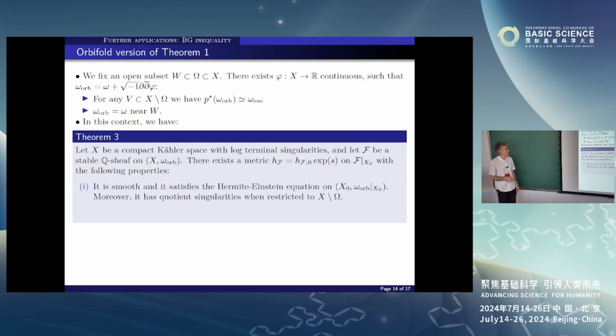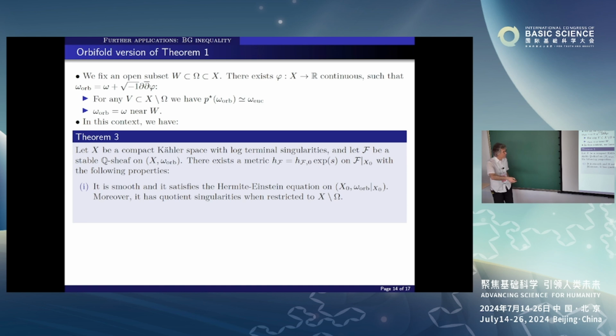Moreover, we understand a little bit further the behavior of this H_F. It has quotient singularities when restricted to the complement of omega. So when omega has this property, for the solution of the Hermitian equation it's automatic that it will be an orbifold metric, so to speak. So the pullback with respect to this will be smooth.